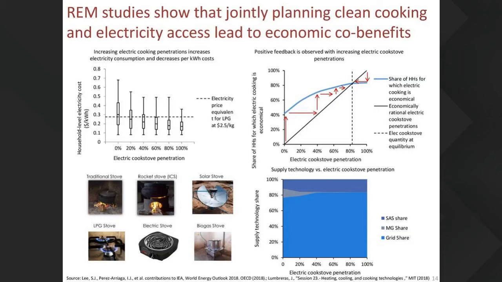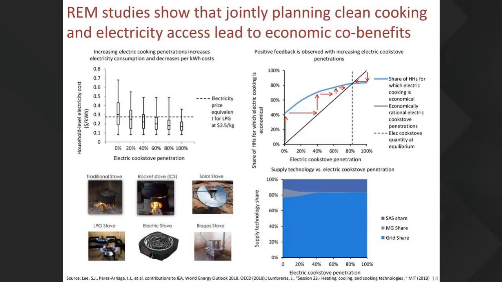This dotted line shows an assumed price for LPG, and this comparison is really trying to look at the fraction of households in these box and whisker plots that are better served with electric cook stoves than LPG cook stoves. And that's all of the part of that distribution that's below this dotted line.